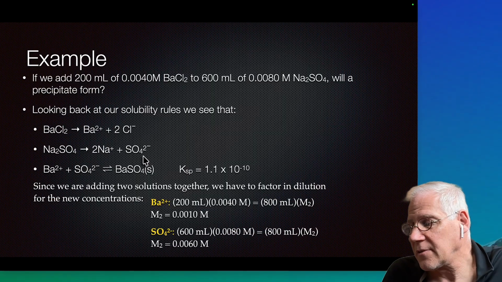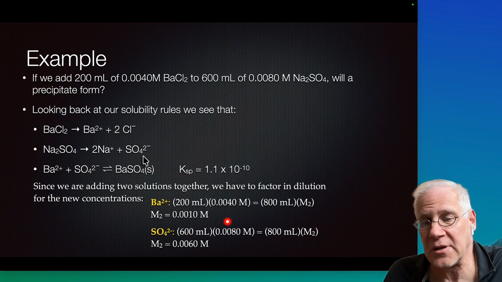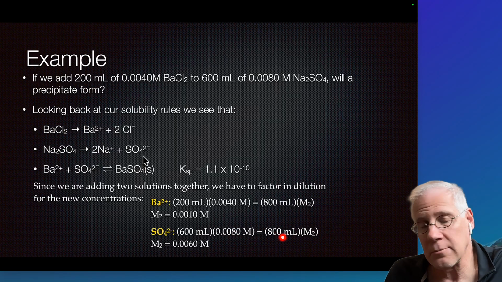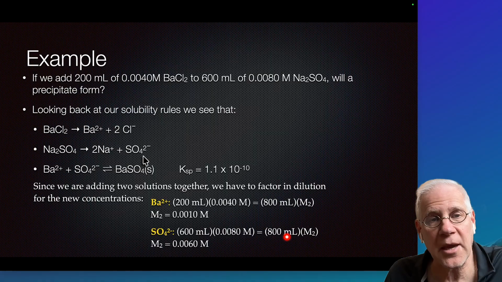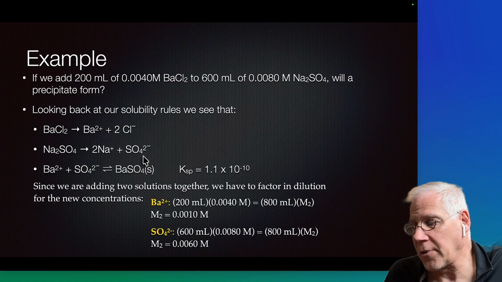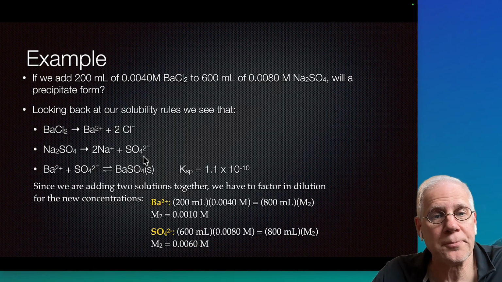For my sulfate, the same thing, but I'm going in with 600 milliliters originally times its 0.008 molar concentration. My new volume is still the same, 800 milliliters, because it's going into the same solution as the barium. My M2 is what I'm looking for, and that gets calculated at 0.0060 molar.